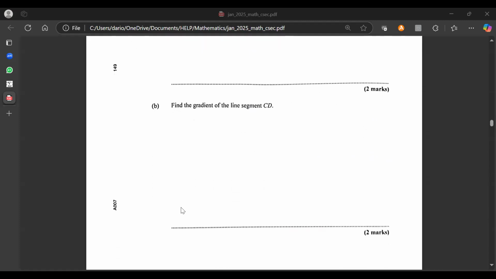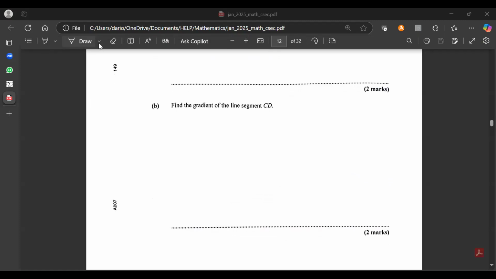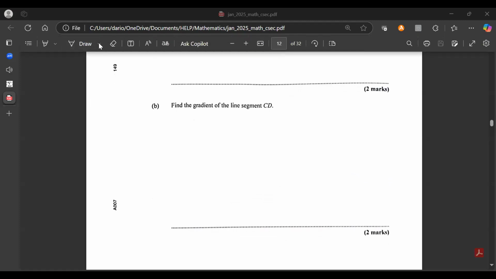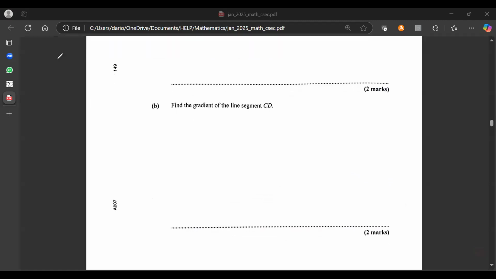So y2 minus y1 divided by x2 minus x1. Yes, thank you, Kiara. So let's write that. M represents gradient. Now, remember, this is coordinate geometry, so we are using y equals mx plus c.